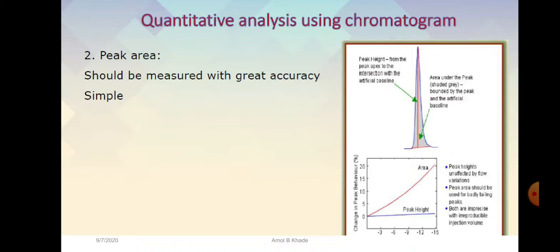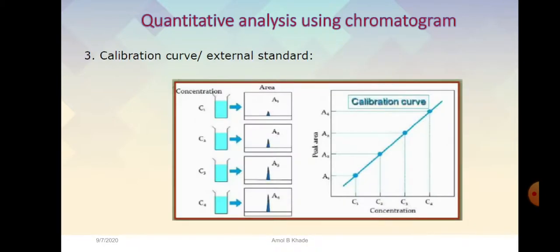The area under the peak is directly proportional to the concentration of a particular analyte. Usually peak heights are unaffected by flow variations, whereas peak areas should be used for badly tailing peaks. Both are imprecise with irreproducible injection volume. So we need to consider these things when we are using it for quantitative purposes.